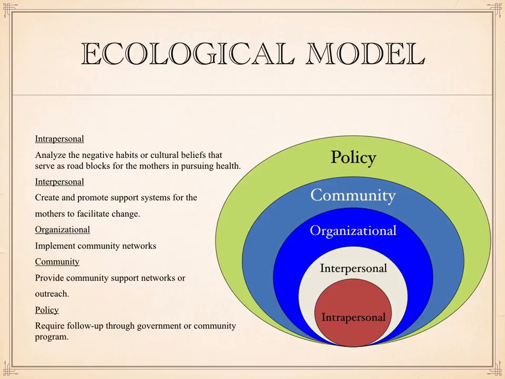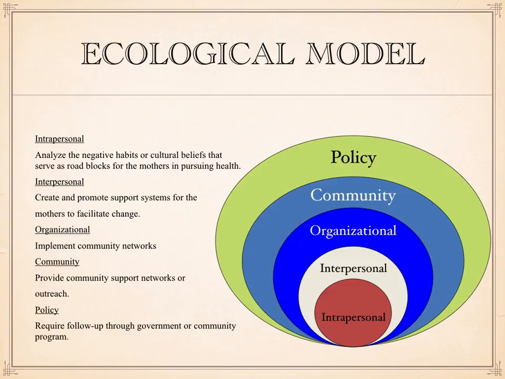Starting with interpersonal, we need to analyze the negative habits and cultural beliefs that could serve as roadblocks stopping mothers from pursuing the help. Interpersonal is just that support system that's going to help keep their interpersonal desires alive. Organizational is frameworks that would support those networks.